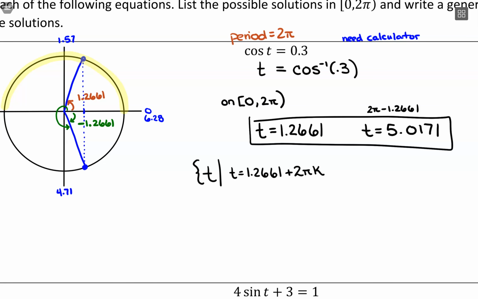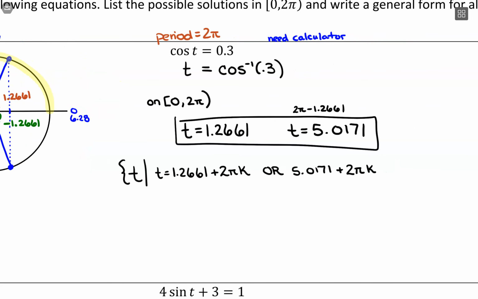And then we have that other angle measurement, and we could use the 5.0171, so t could be equal to that value, plus any increment of 2 pi, where k is an integer. So that's one way you can follow it. Just take that value and adding 2 pi since that's our period, and then it has to happen for the other value as well.